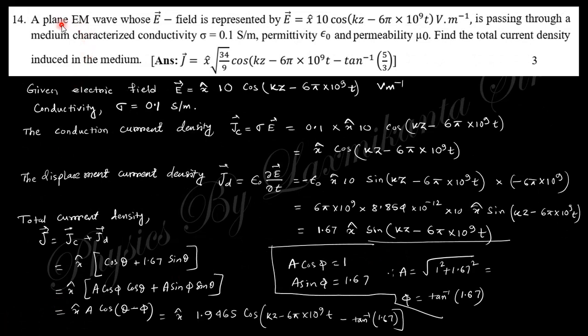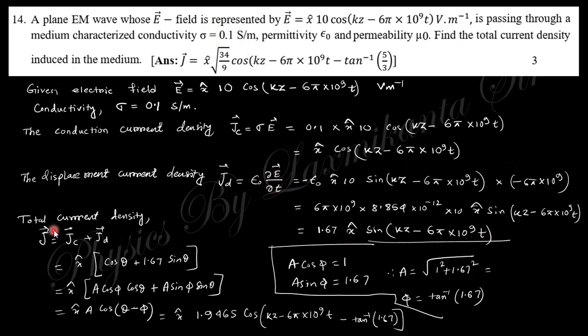Next, a plane electromagnetic wave with electric field like that passes through a medium with conductivity sigma. Find the total current density. There are two current densities: the conduction current density, that is sigma E, and the displacement current density, that is epsilon naught del E by del t. Sigma is given here, putting in this value of E, and taking the time derivative del E by del t, we get this.